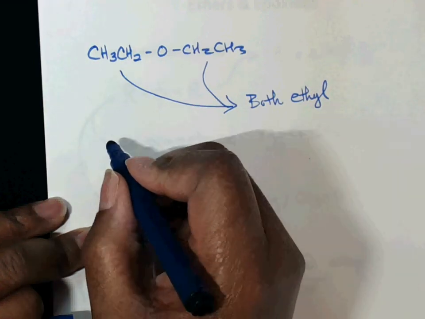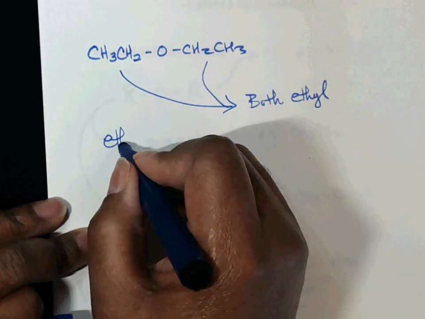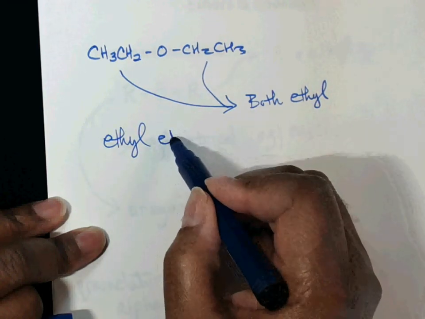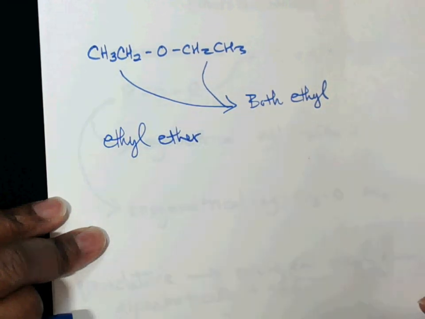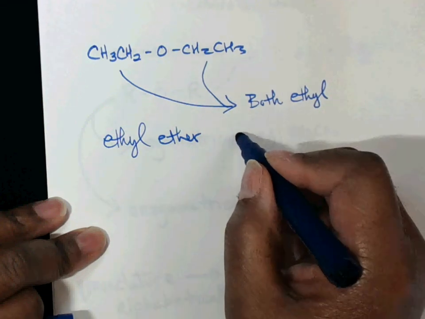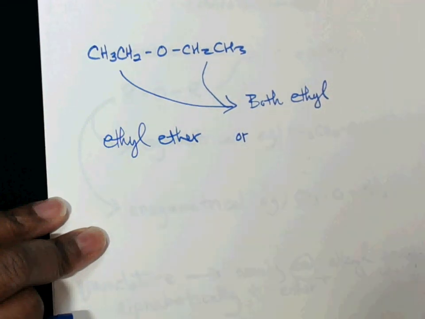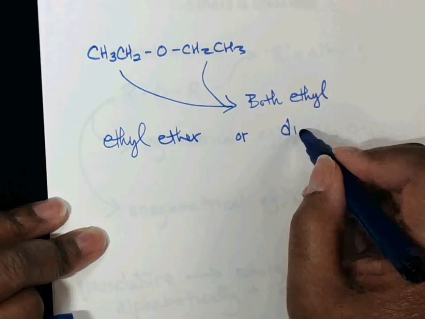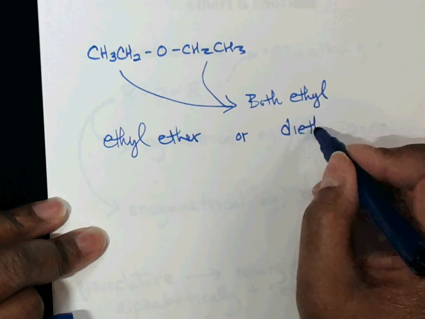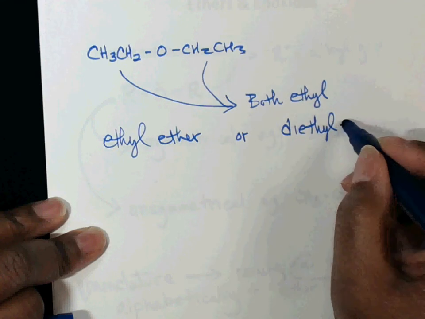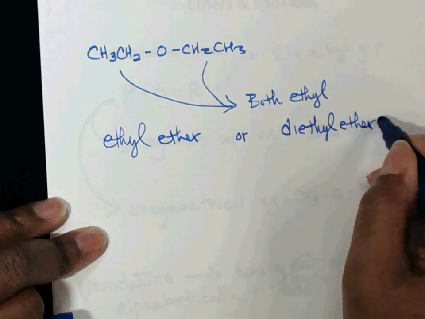We can either call this ethyl ether, or if we take into consideration that there are two ethyl groups, obviously, we could use the Greek prefix for two and call this diethyl ether.